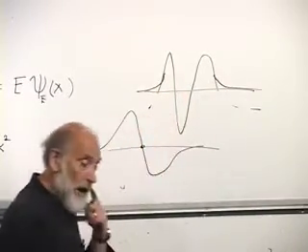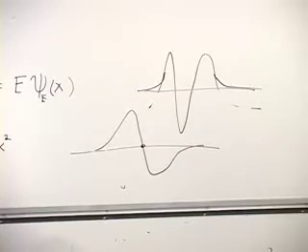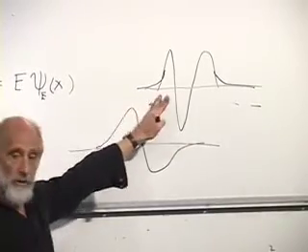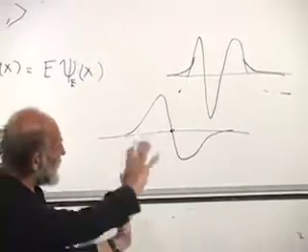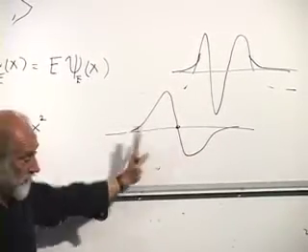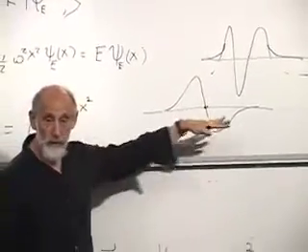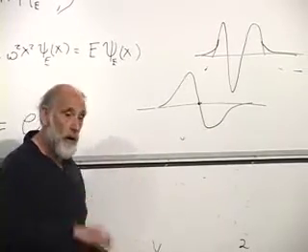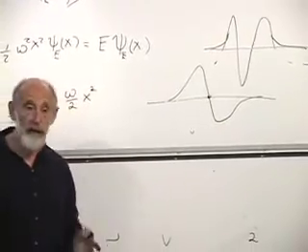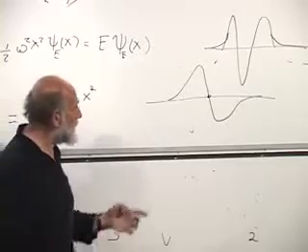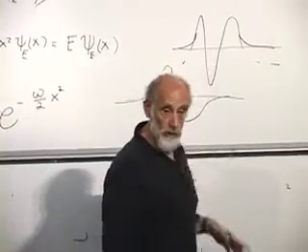Each time you raise, you add one more 0. This is an antisymmetric wave function, meaning the opposite sign on the two sides. You go back and forth from symmetric to antisymmetric to symmetric, and you add one more 0.